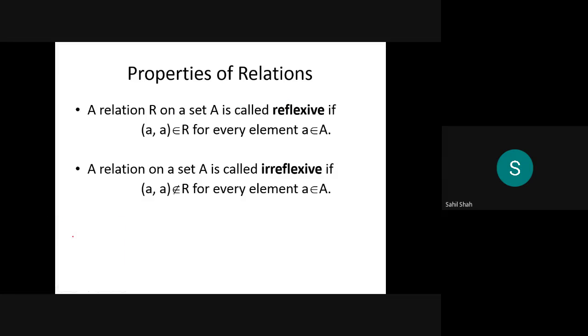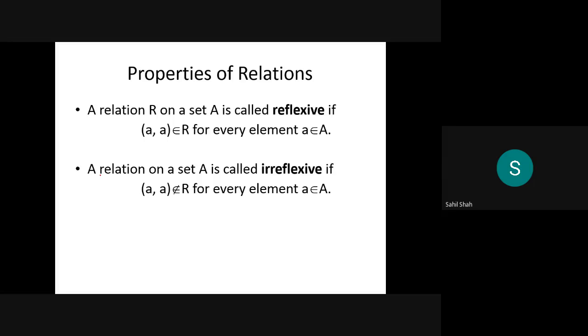Yeah. So the very first property of binary relation: a binary relation R on set A is said to be reflexive if we have a pair (a, a) present in relation R for every element small a belonging to capital A. What is the meaning of this?